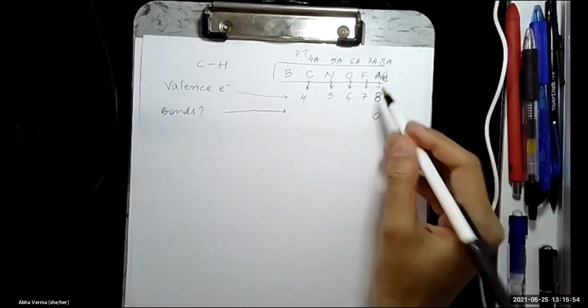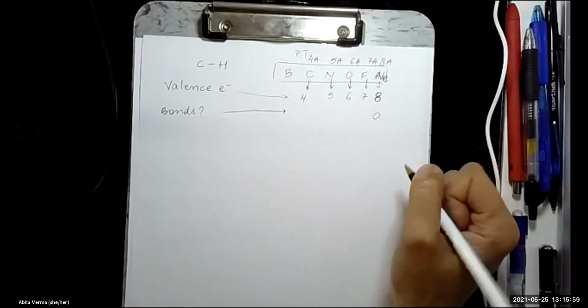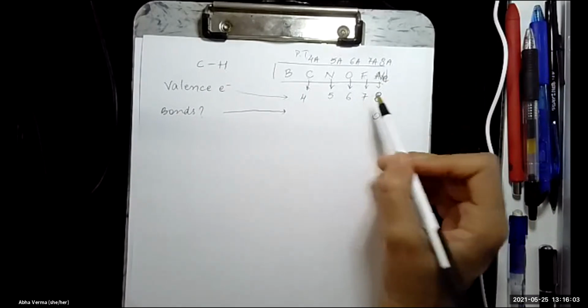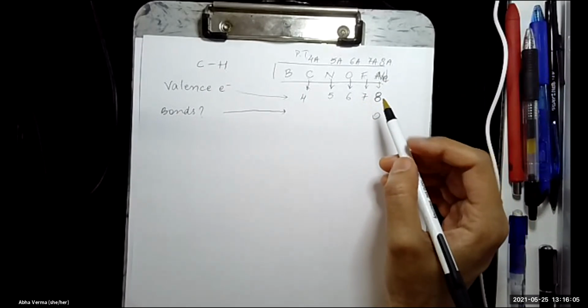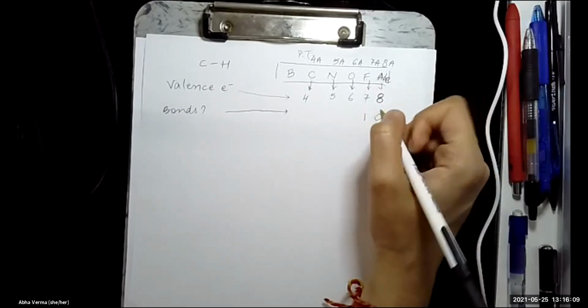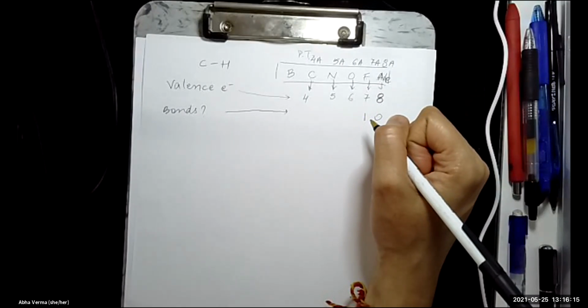Very good. Fluorine, or all the halogens, have 7. How many more bonds can fluorine make? 1. Only 1. Okay. Is this clear to everybody, or does anyone have any questions on this?